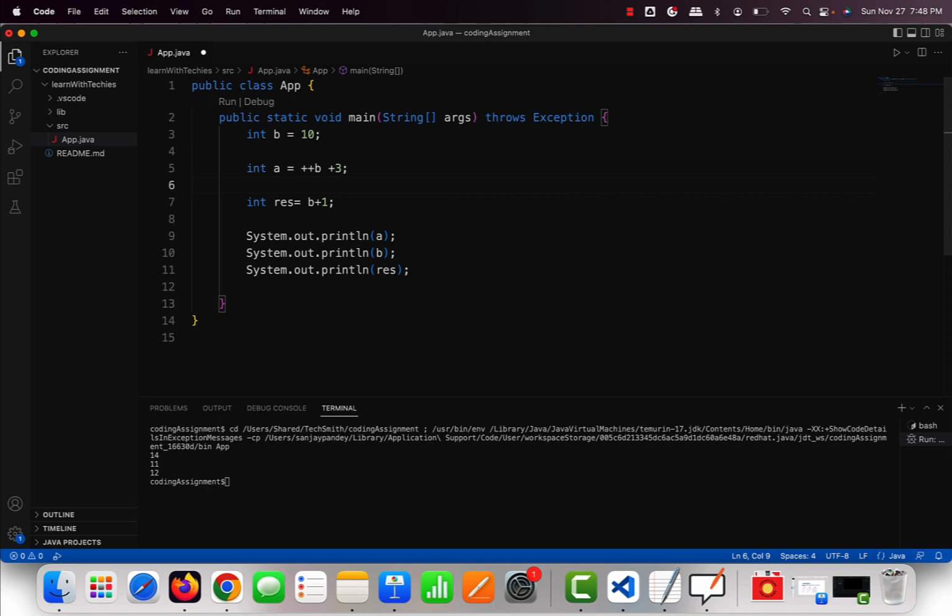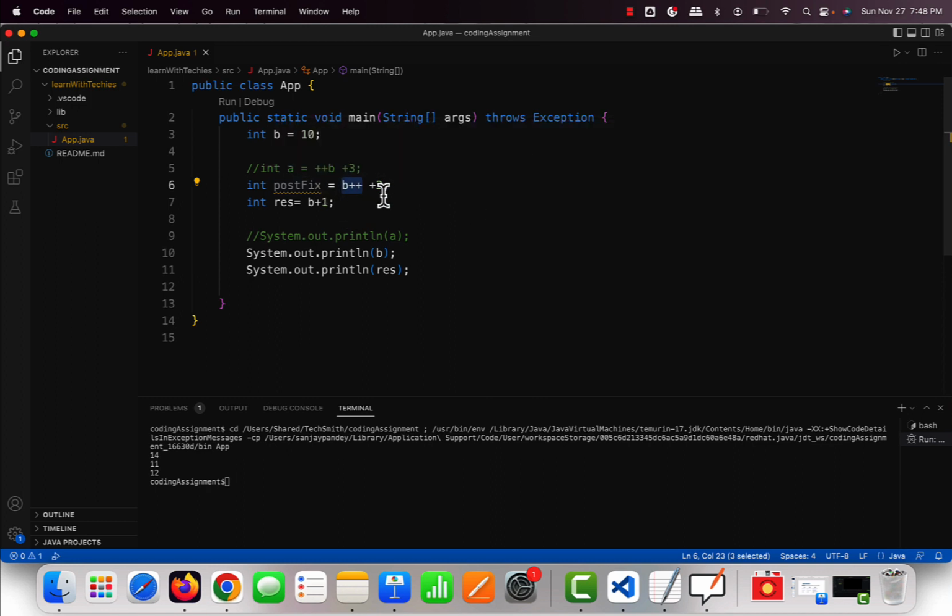Let me try something like postfix so that it's easier for you to understand. In that we had something like b plus plus plus 3. If you remember, when you ran it, in that case it was 10 plus 3 because the b value was still 10, and after line number 6 the b value changed.